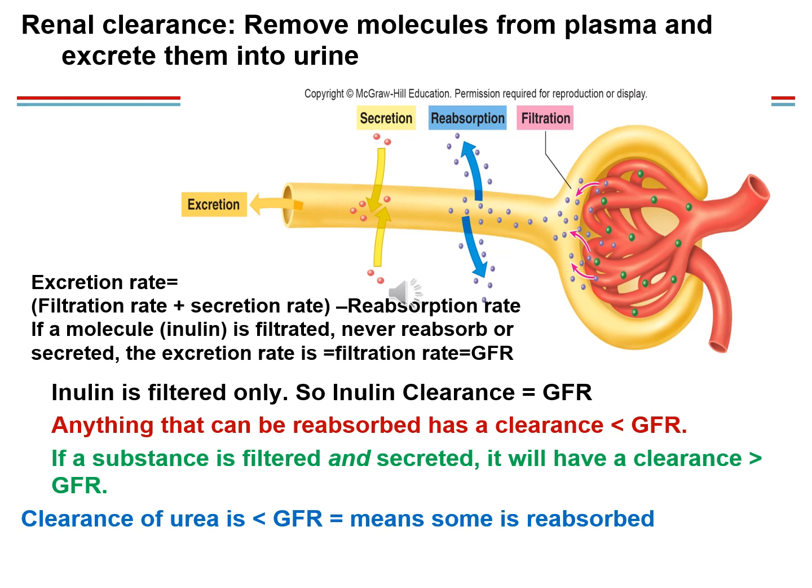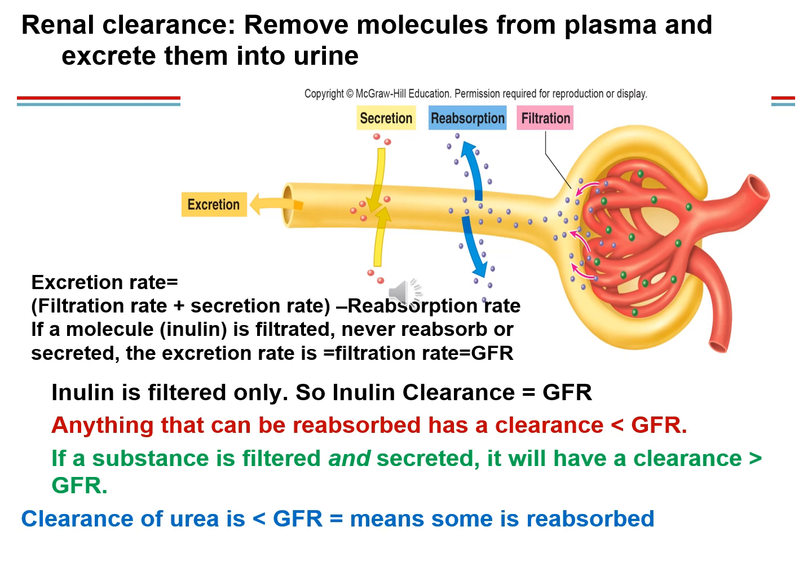Now, another scenario, and please pay attention to this: if a molecule can be reabsorbed, that clearance is below the glomerular filtration rate. And if that substance is filtrated and secreted, that clearance is above the glomerular filtration rate.